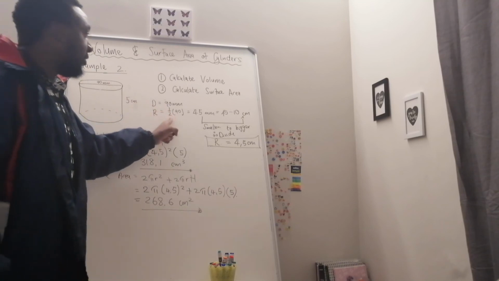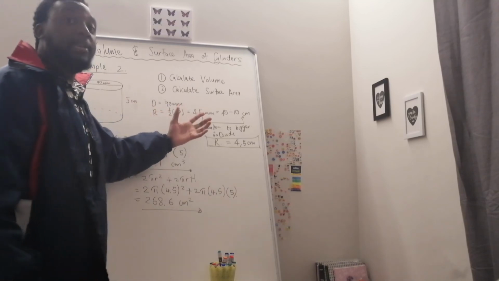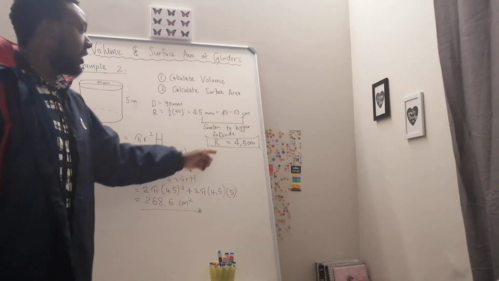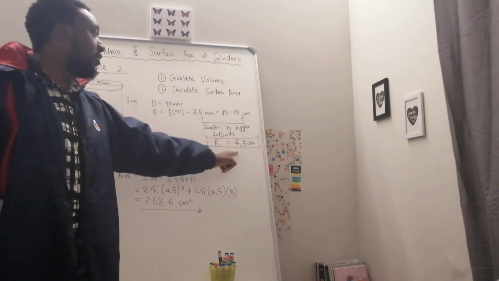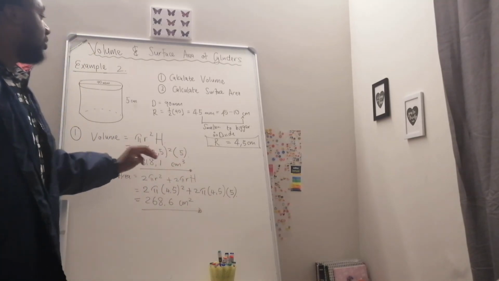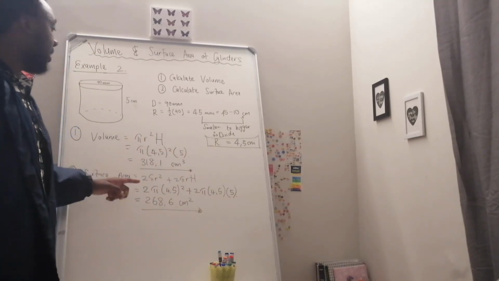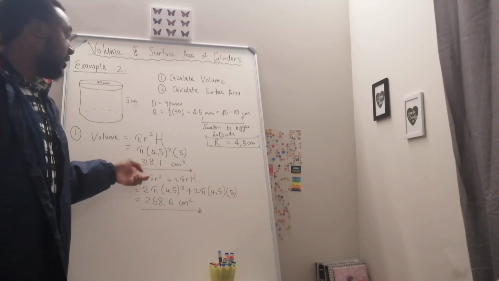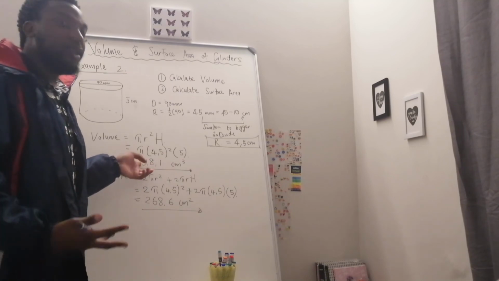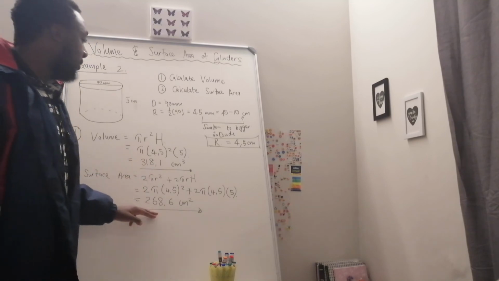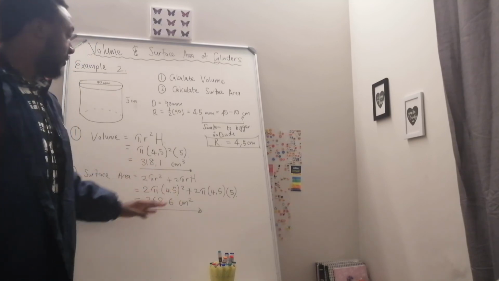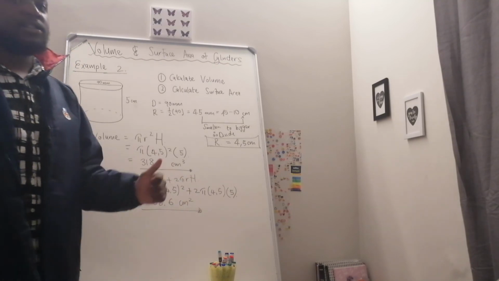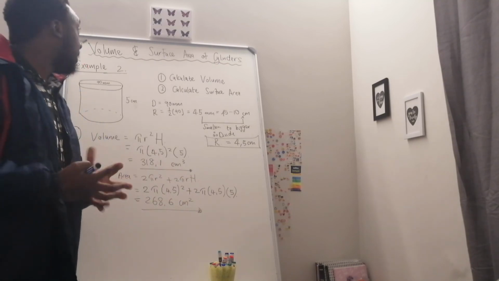You need to half it first, get the millimeter value, convert that value into centimeters. I get 4.5 as my radius. Substitute that radius, substitute the height there, get 318.1 centimeters cubed for the volume. And when I substitute for surface area, I get 268.6. So that is all on cylinders.